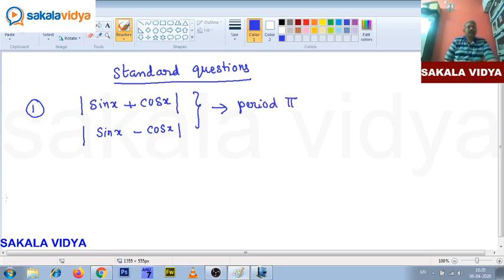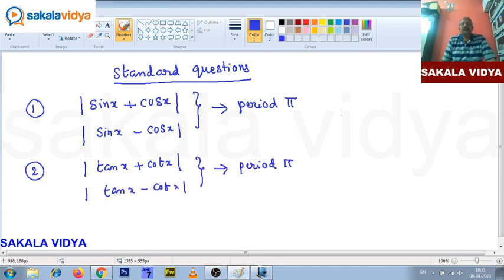Next, second: mod of tan x plus cot x, and tan x minus cot x.